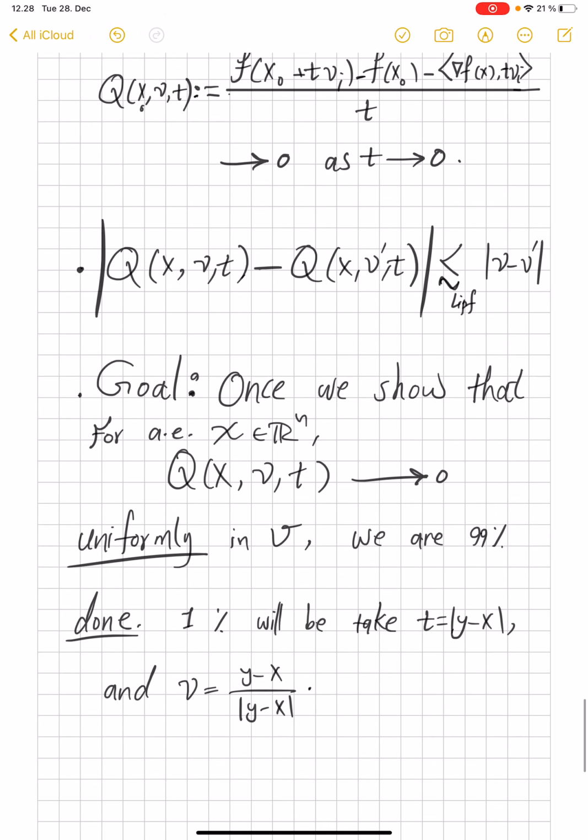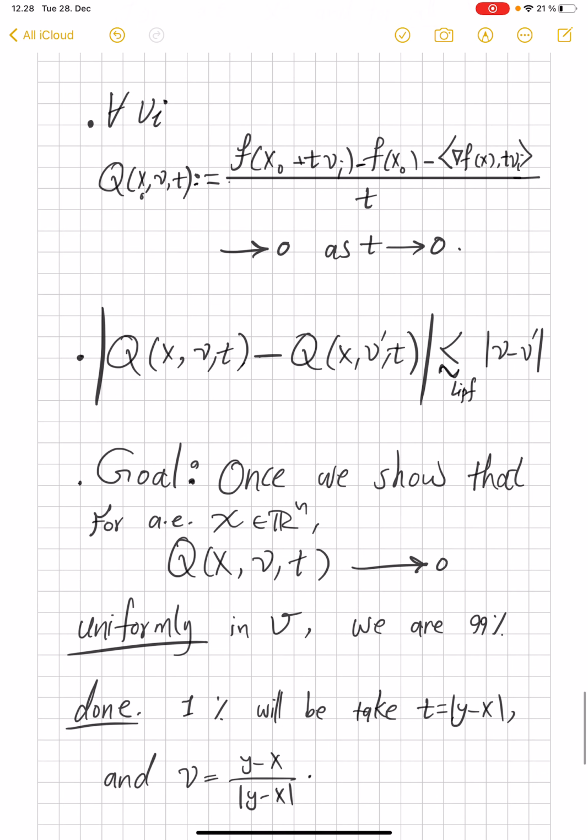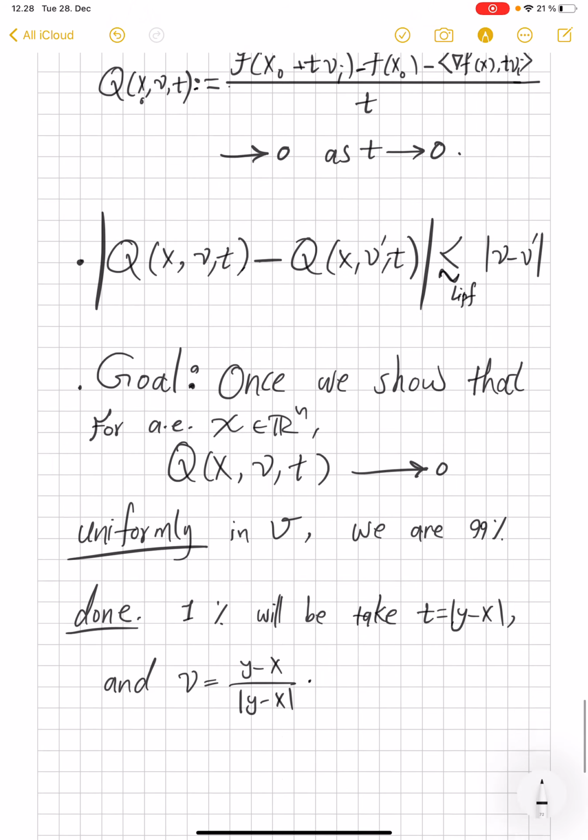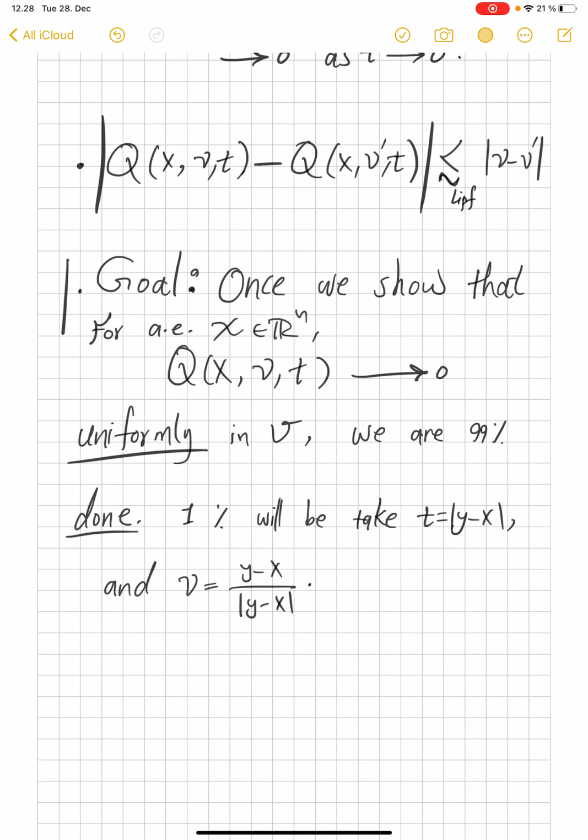And once we have shown that this convergence of q_x(v,t) to 0 happens uniformly in v, that means there is the same speed that works for all vectors on your sphere. We will have shown that the quotient goes to 0 uniformly, which is just saying that the function is differentiable, and this linear map here is the derivative. So that is why we're almost done once we prove this one.